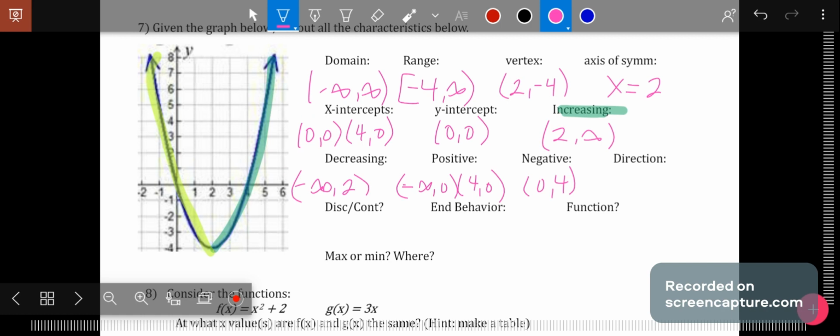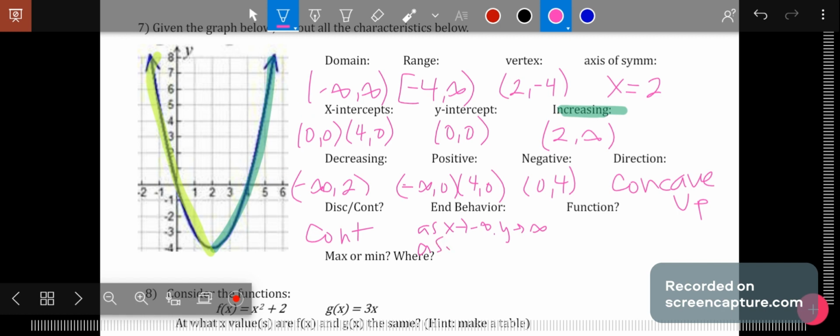The direction that this is opening, that means it's concavity. That just means that it's concave up because it is opening up. This graph does have a solid line, which means it is continuous. It's connected. Every point is connected. Our end behavior, as x is approaching -infinity, y is approaching infinity, meaning the left side arrow is going up.